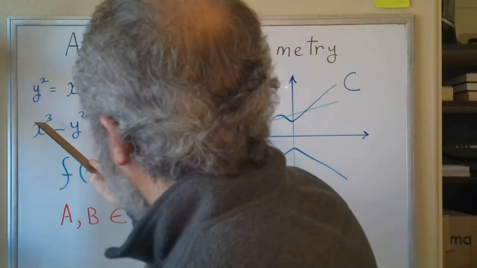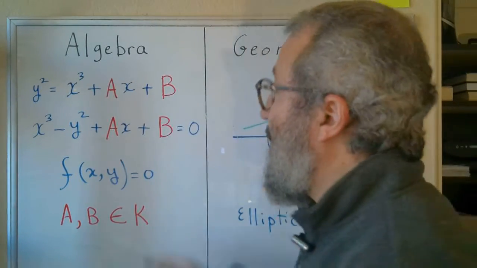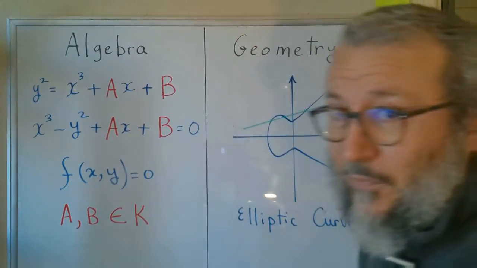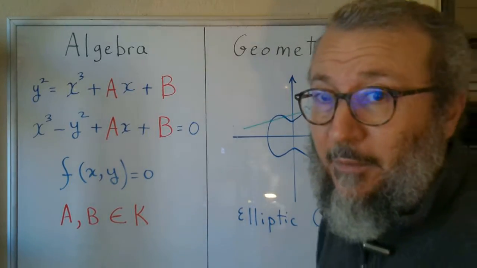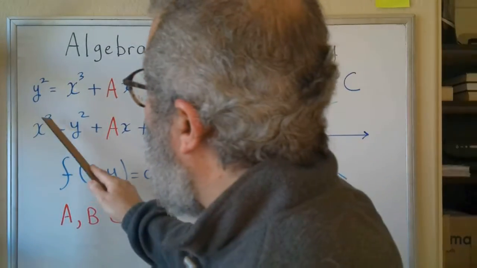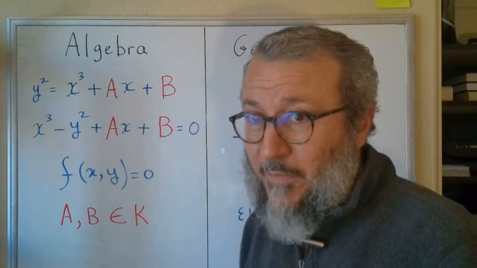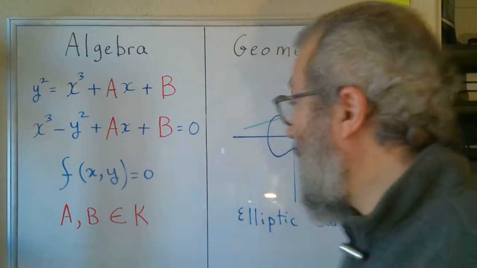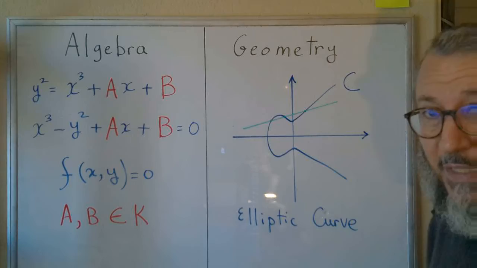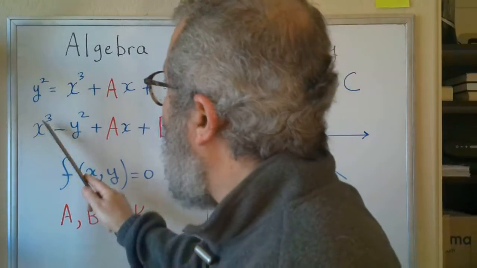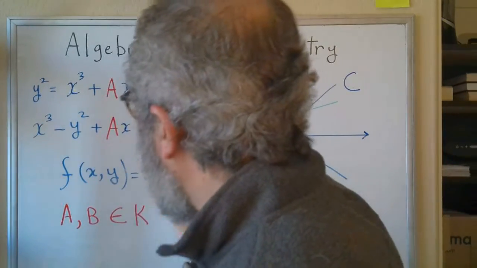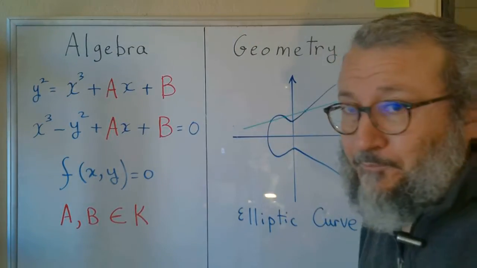And the highest power here is 3. So this is a polynomial of degree 3. And that's by definition, every elliptic curve, okay, has a degree of 3. This is the only degree we deal with when we talk about elliptic curves. So that is very important. Keep that in mind, that every elliptic curve will be based on a polynomial of degree 3. And that is the highest degree you can find in this polynomial.